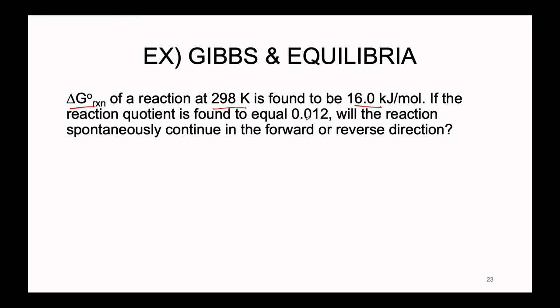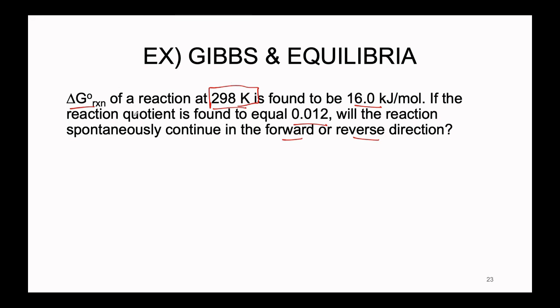So if your reaction quotient, your Q, the balance of products to reactants, is found to be 0.012, is the reaction spontaneously continuing in the forward or the reverse direction? Since no other temperature is given to us, it is safe to assume that our T, our temperature, is also going to be 298. So we're just looking with our current Q at standard conditions, at 25 degrees Celsius: is your reaction going to progress forward or backward?